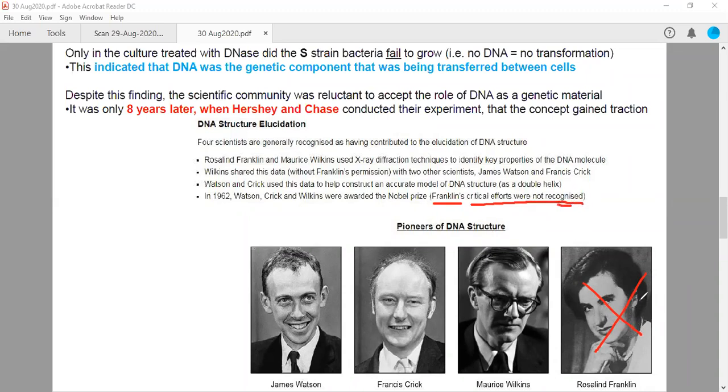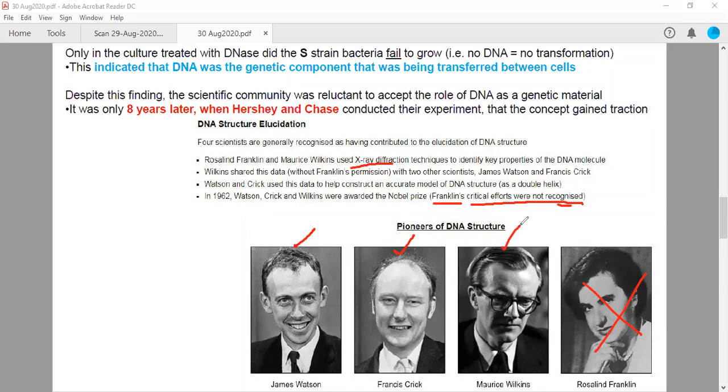She gave the X-ray diffraction (XRD) structure of DNA, using which James Watson and Francis Crick made the double-stranded model of DNA. But because she died of breast cancer, and a Nobel Prize cannot be given after death, only these three scientists received the Nobel Prize.